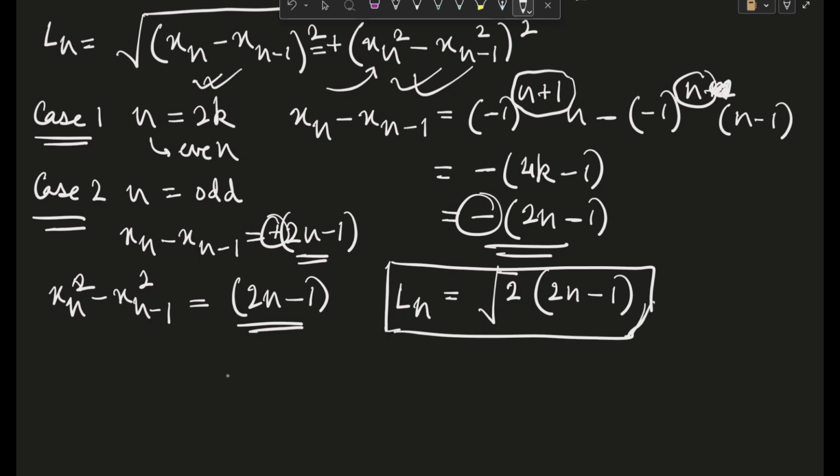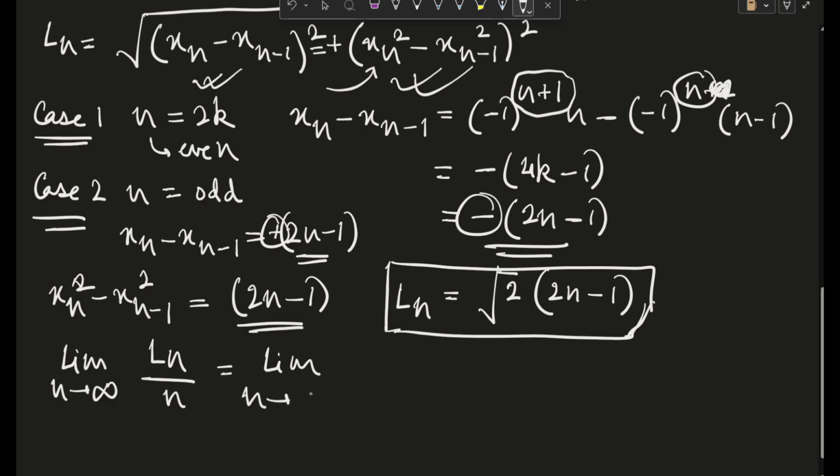So now I guess our job is almost done. We have to find the limit as n tends to infinity of ln by n. So this will be the limit as n tends to infinity of root 2 times 2n minus 1 by n.